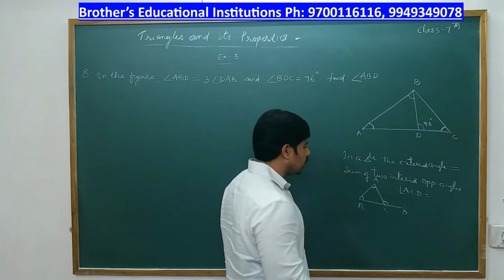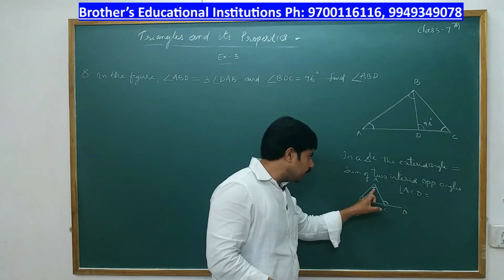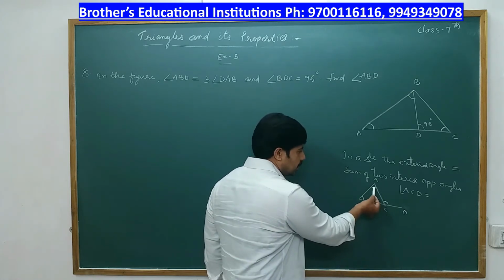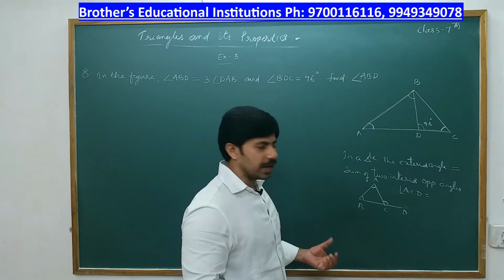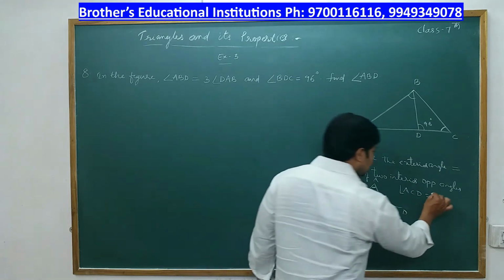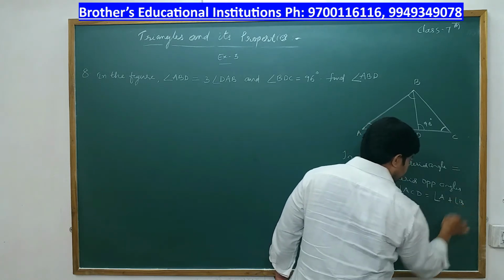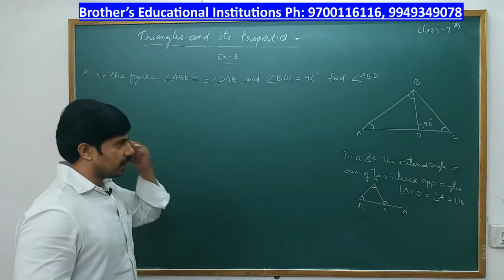The angles should be interior and opposite to C. So angle ACD, the exterior angle, is equal to the interior opposite angles A and B, so angle A plus angle B. This is an important property of a triangle.